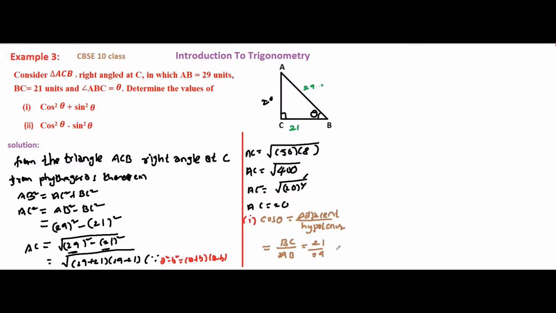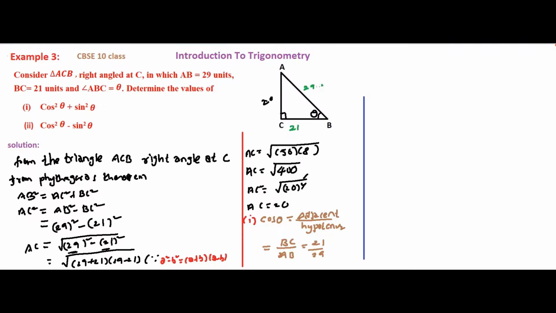The next one is sin theta. Sin theta means opposite by hypotenuse.